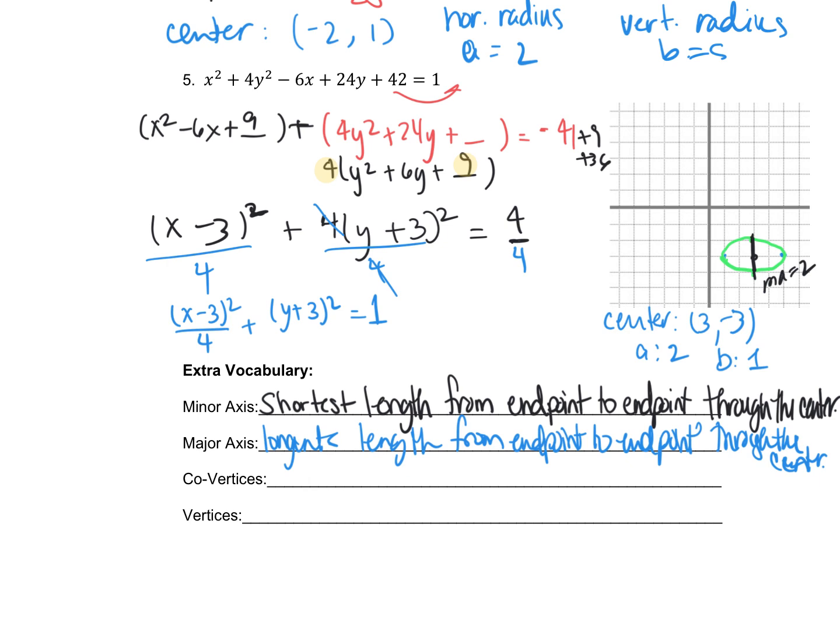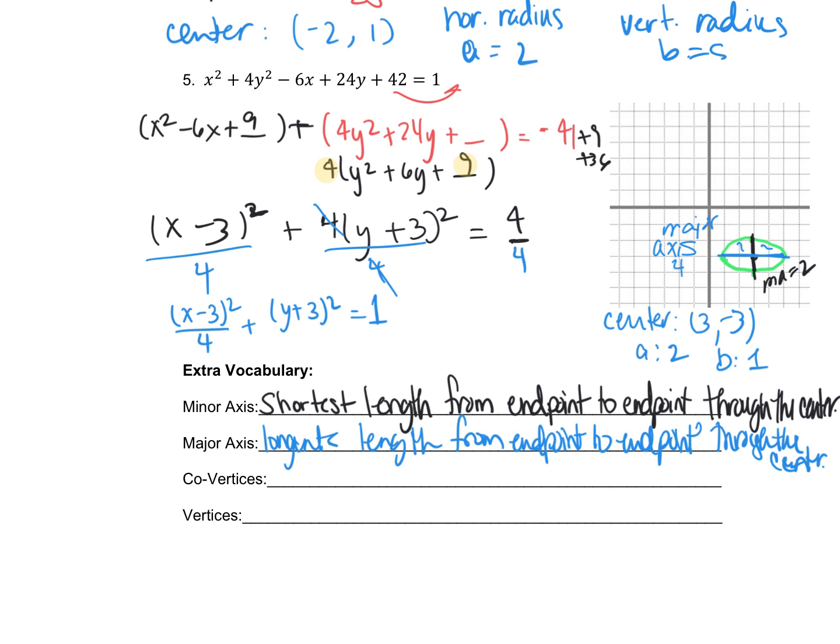Okay, so for this one, it would be up here, this would be this way. So this is 2, this is 2, so the major axis length would be 4.